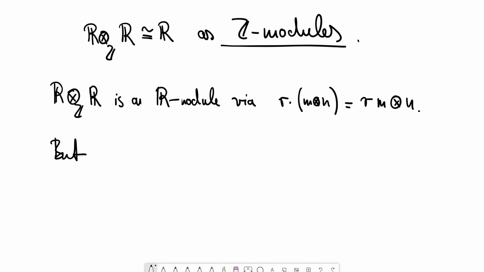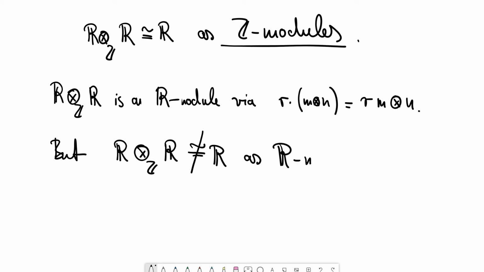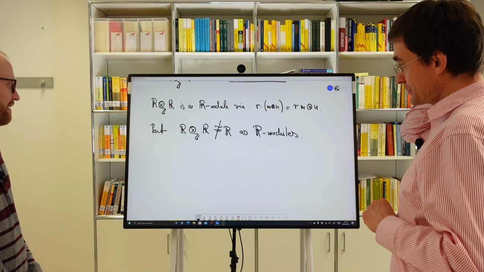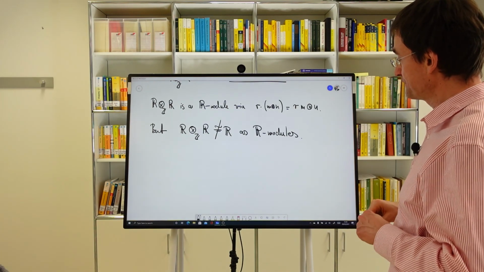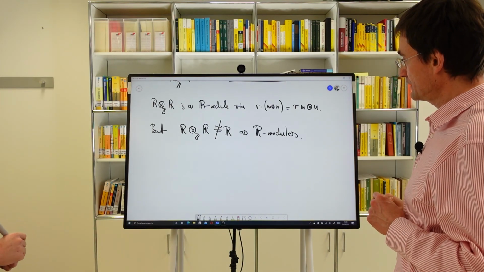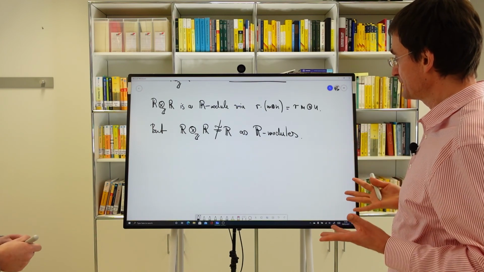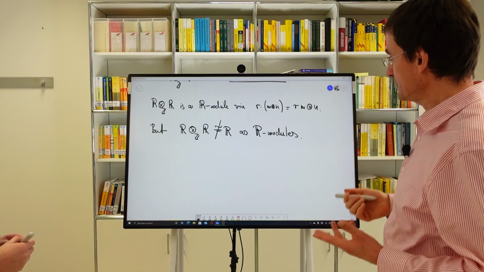And of course, left R module is just a different way of saying R vector space. So how do we show that this is not isomorphic to R, or that it has a bigger dimension as an R module?